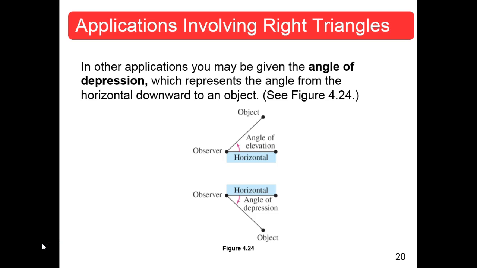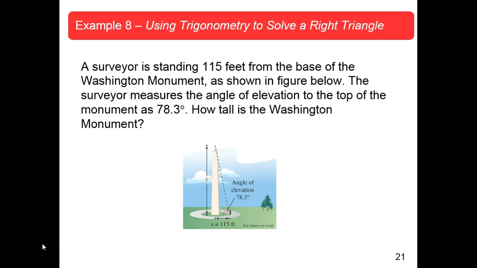The angle of elevation and angle of depression are both measured from the horizontal, which is usually where we measure angles from, the positive x-axis. Angle of elevation is up, angle of depression is downward. These are just two ways that you could use angles to solve some real problems. Okay, here's a surveyor standing, this is example 8.